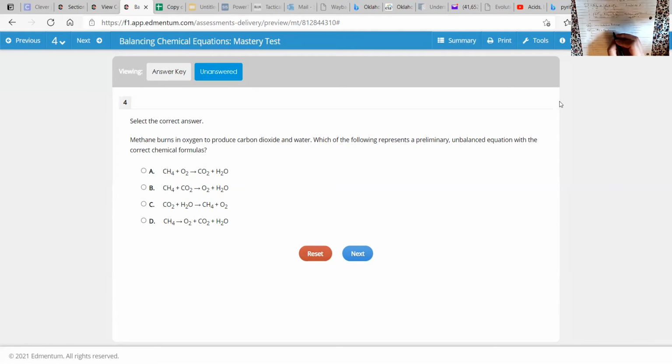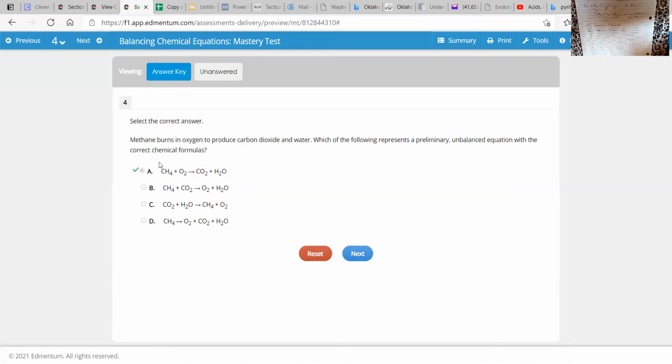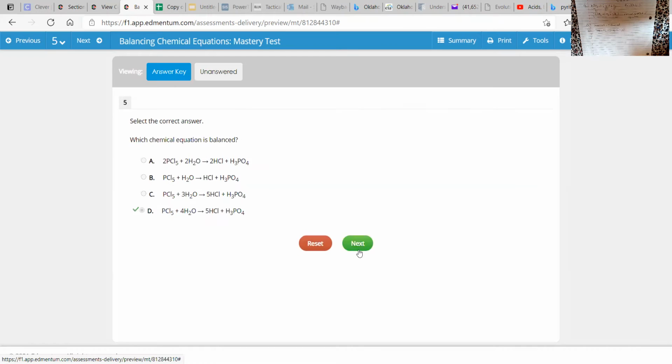And then they produce carbon dioxide, which is CO2, and water, which is H2O. Which looks like that? This one. Methane plus oxygen, and the products are CO2 and H2O. And a lot of that you'll just get used to after doing a bunch of chemical equation questions.